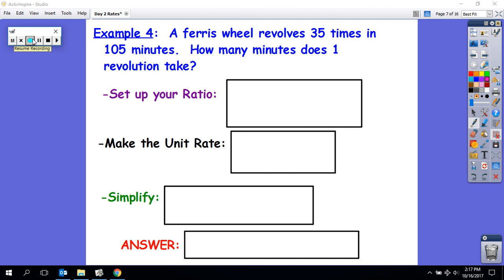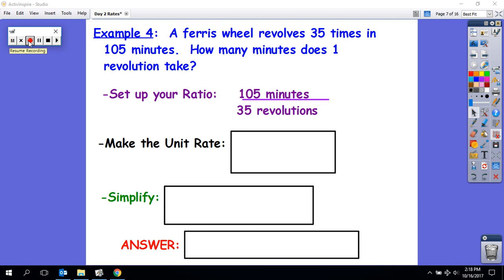A Ferris wheel revolves, that means goes around in a circle, 35 times in 105 minutes. How many minutes does one revolution take? Now remember, we want to know the unit rate, and whatever that is, that's 1 in the denominator. So revolutions is going to go on bottom because that's what we want to know one of.